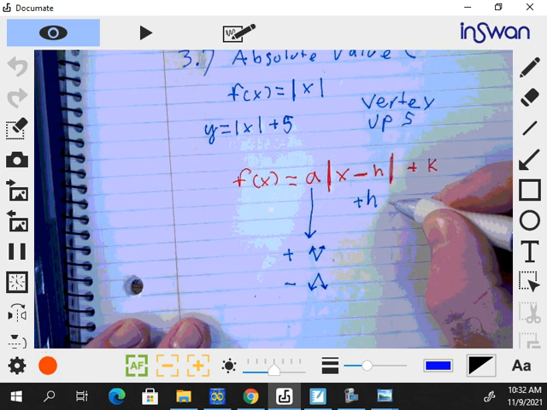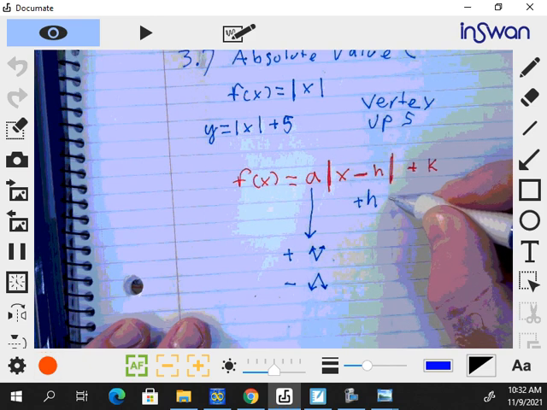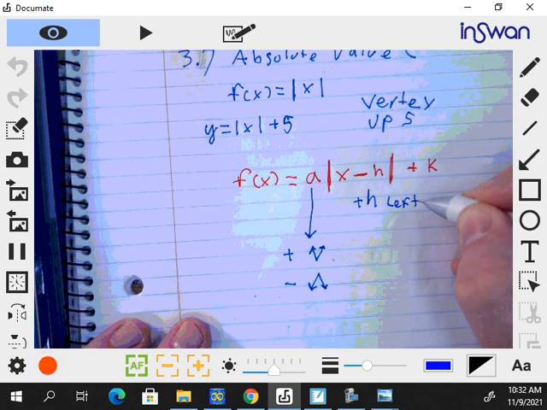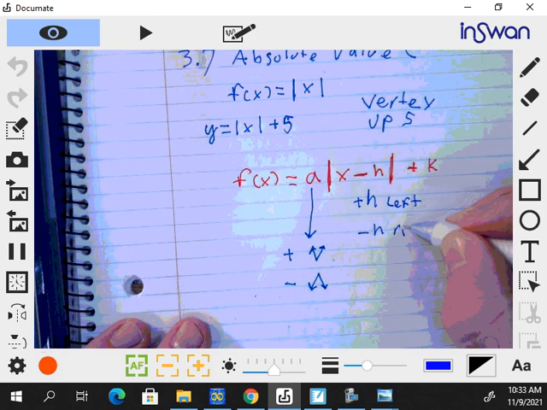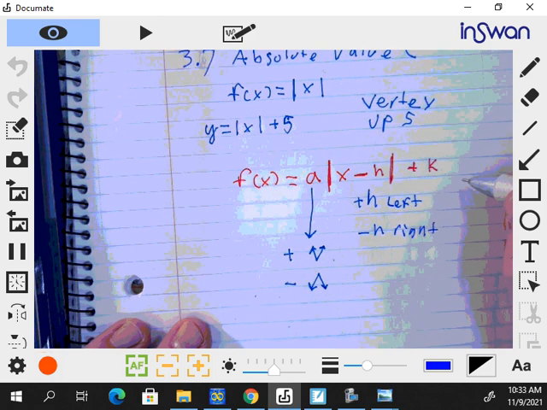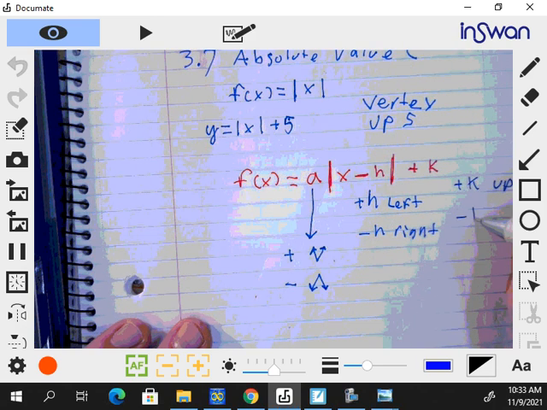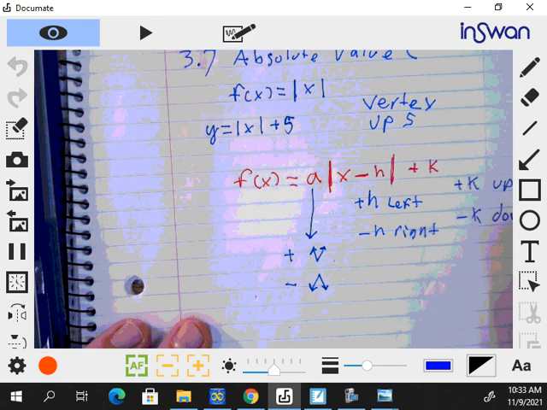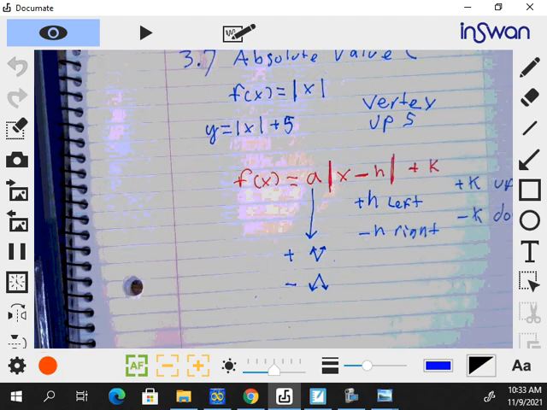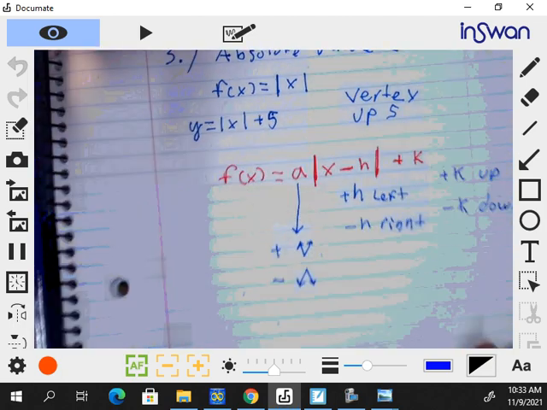A positive h is going to move things to the left. A negative h is going to move things to the right. A positive k is going to move things up. And a negative k is going to move things down. And by things, it's going to be our vertex. And we need to know how to find our vertex.